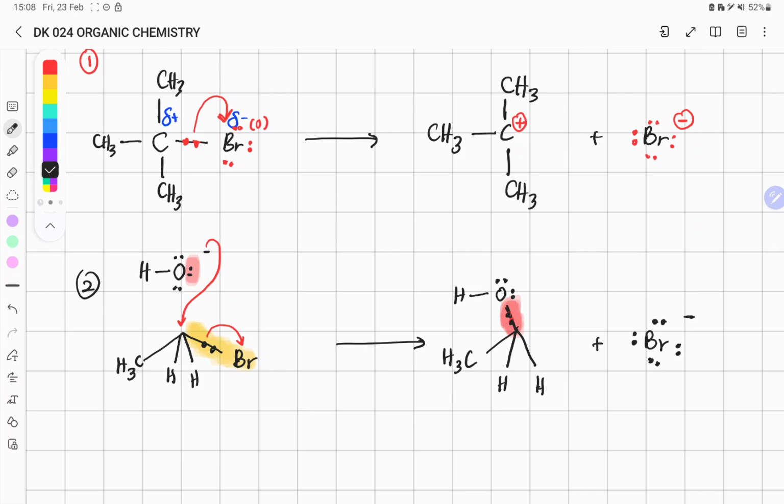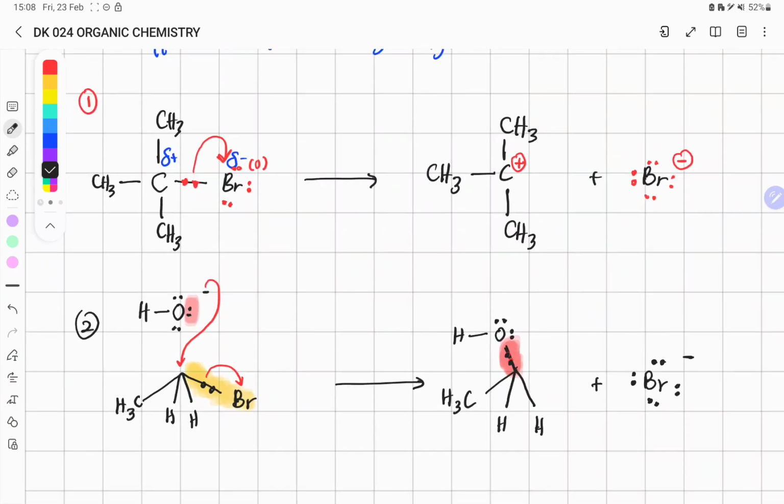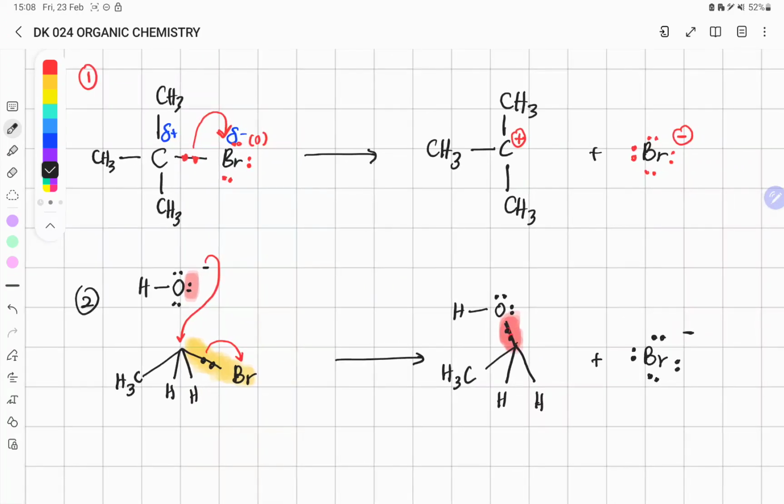Jelas tak? Okay. So kalau kita tengok dekat sini, ada 2 cara untuk kita tunjuk heterolytic bond cleavage. Pertama adalah kita tunjuk pemutusan sahaja. Kedua adalah kita tunjuk pemutusan yang melibatkan pembinaan bond yang baru. So we are doing both bond breaking and bond forming at the same time.